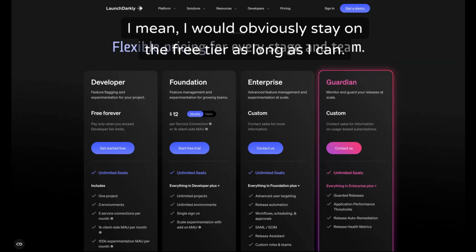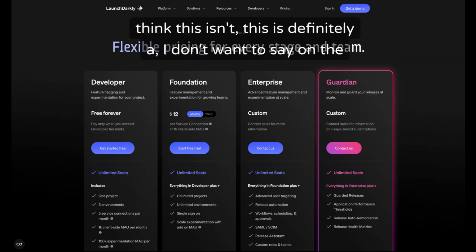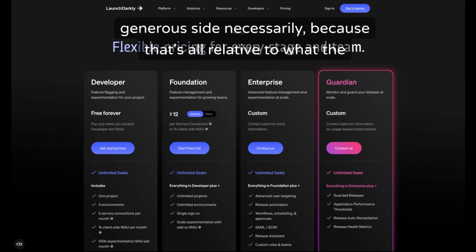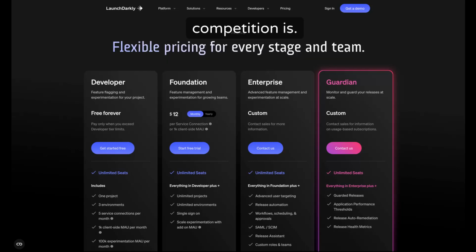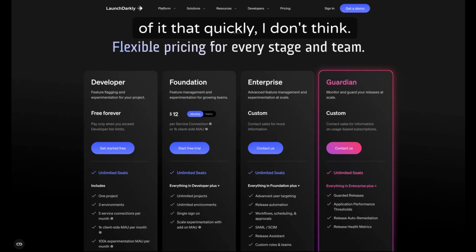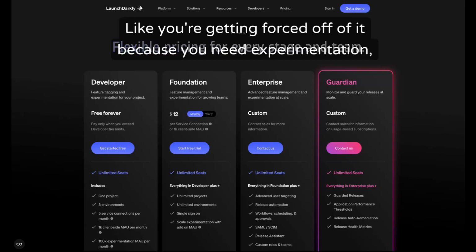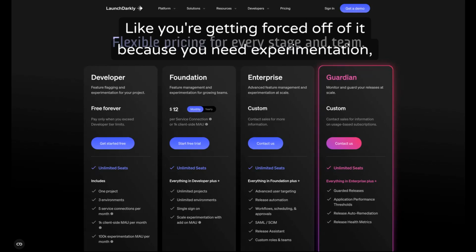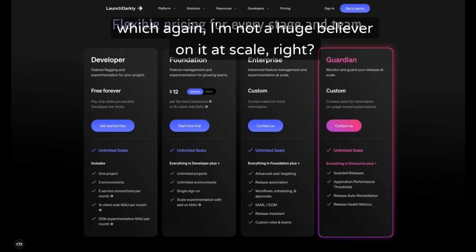I would obviously stay on the free tier as long as I can. I don't want to say it's on the generous side necessarily, because that's all relative to what the competition is. But this is a free tier that doesn't force people off of it that quickly, I don't think. You're getting forced off of it because you need experimentation, which again, I'm not a huge believer in at scale, right?